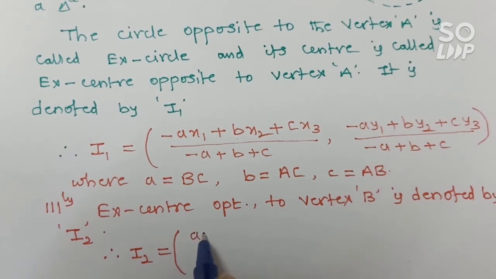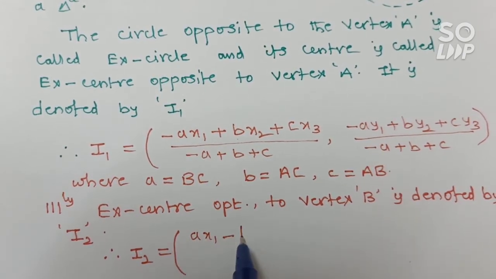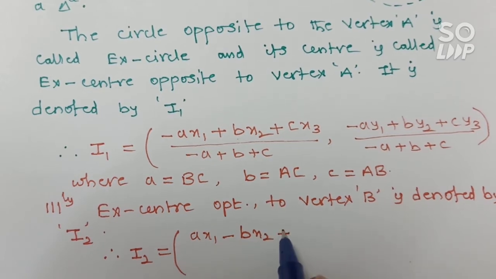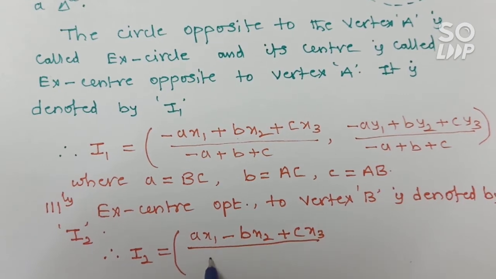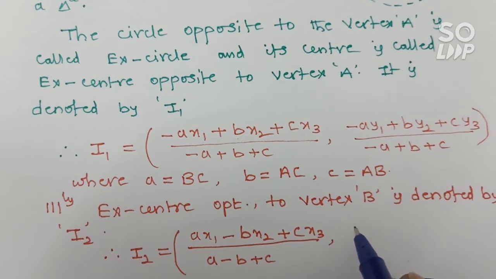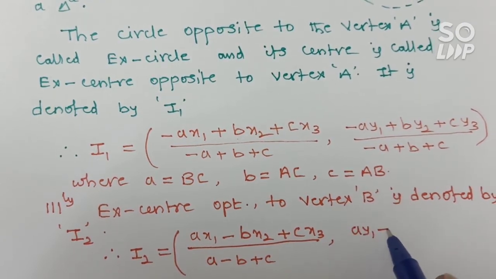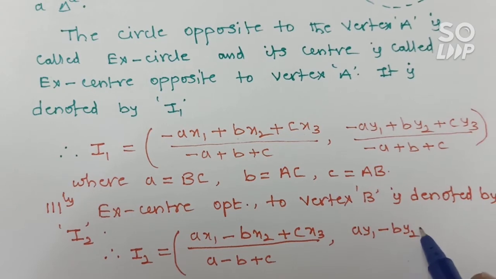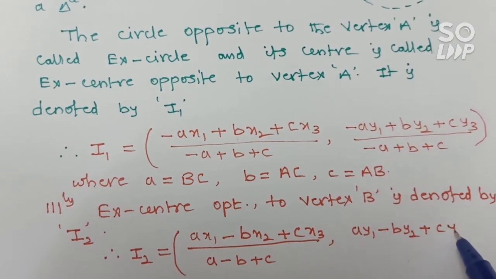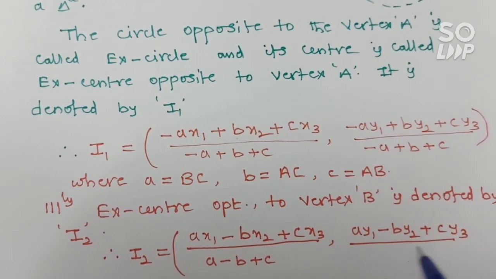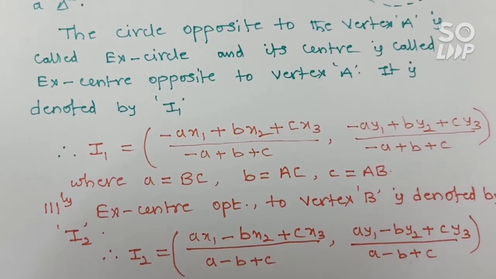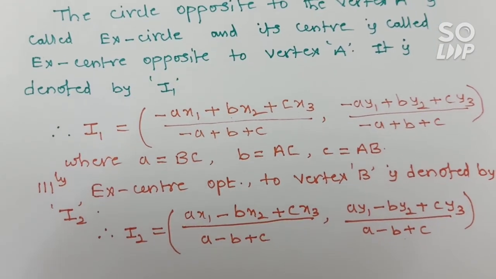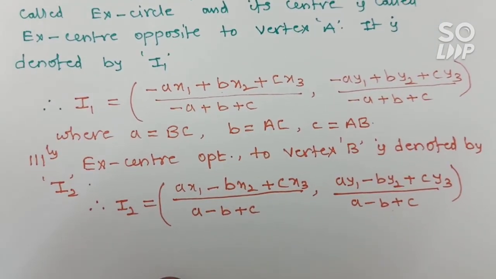That means (a x1 minus b x2 plus c x3) divided by (a minus b plus c), comma, (a y1 minus b y2 plus c y3) divided by (a minus b plus c). This is the excenter opposite to vertex B.